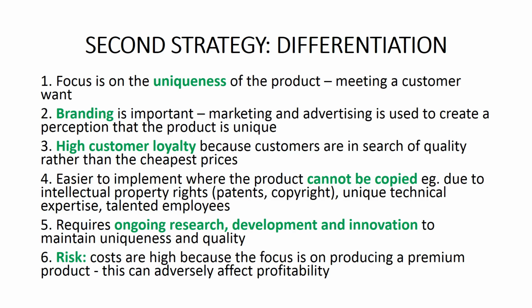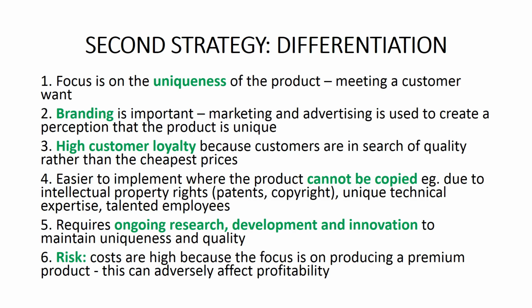The sixth point to note is that differentiation strategies come with a risk, and that risk is that the costs of producing a unique product are very high because the focus is on producing a premium product, one which can command higher prices from customers, one which involves a lot of research, development, and innovation, which cost money. So if you are implementing a differentiation strategy, you've also got to keep an eye on your costs.